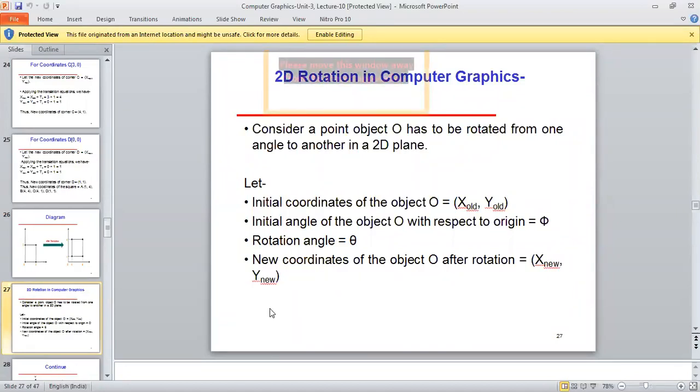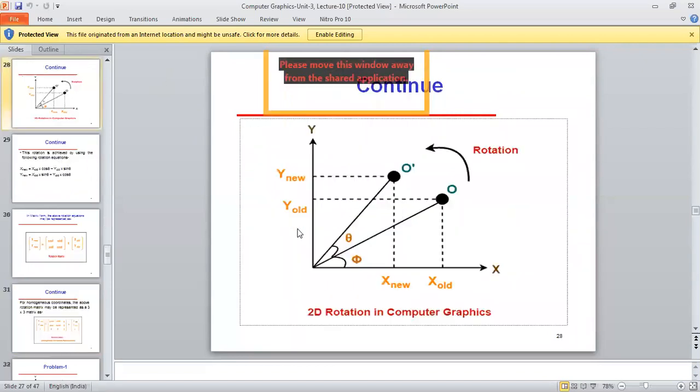After rotation, how we get the new points, we will see in this diagram. This is x new and this is y new. We are rotating by theta angle. Just see this angle, this is called the rotation angle. Suppose this is the initial angle, here phi is the initial angle with respect to the initial coordinates.